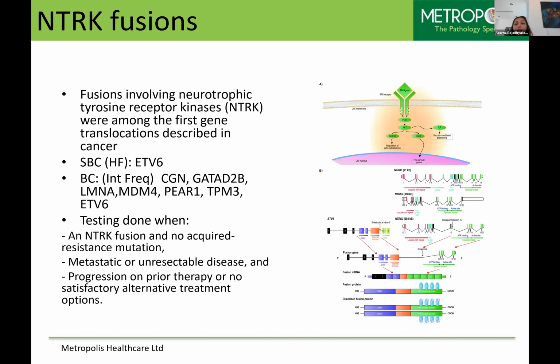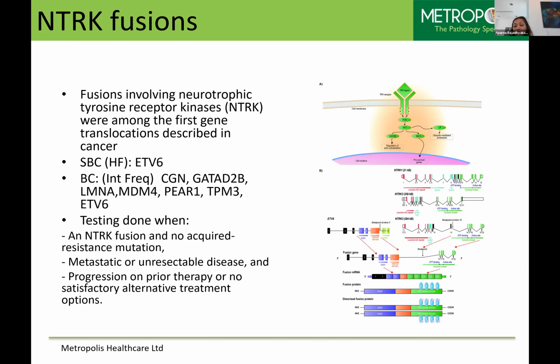The NTRK gene is another essential one. These are fusion mutations. It is usually done in metastatic disease, or if there's been progression on prior therapy. If a fusion is identified on the NTRK, then we look for its fusion partner. Is it NTRK1 or NTRK3?